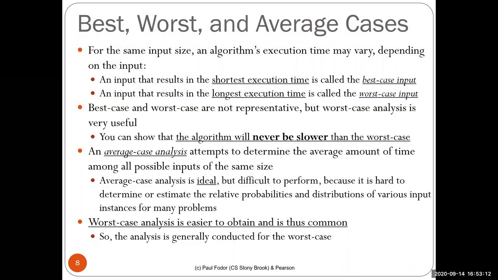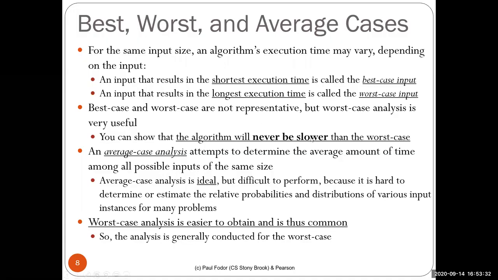In general, the worst case analysis is what we use for comparing algorithms. The reason we use the worst case analysis is that it guarantees that the algorithm will never be slower than the worst case.